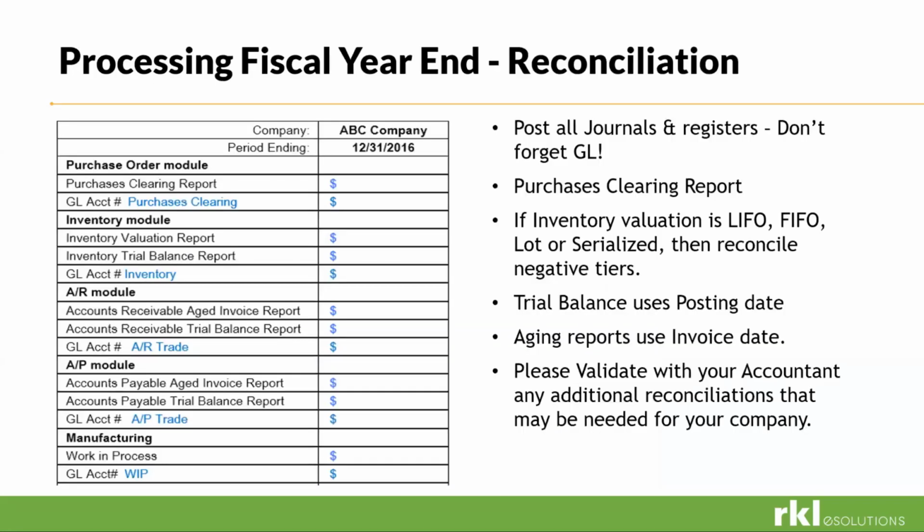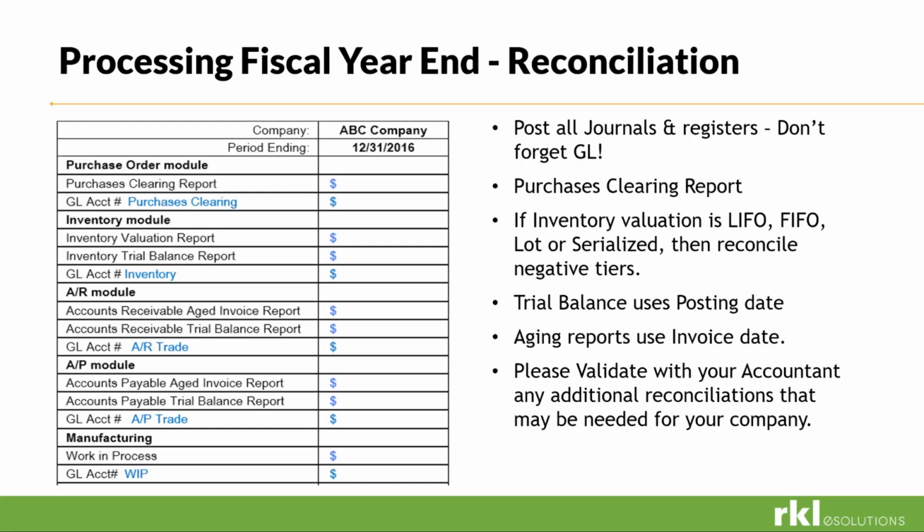Okay, so the reconciliation that you'll be performing for your fiscal year end is first to make sure that all journals and registers are posted, including general ledger. Reconcile your purchases clearing report and confirm that all entries on your report are purchase orders where you're still waiting for a receipt or an invoice.